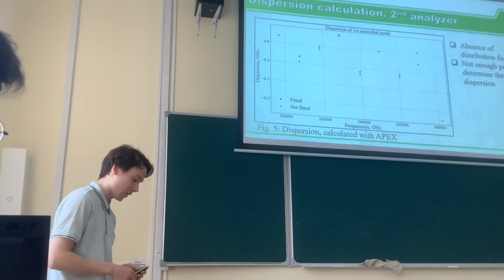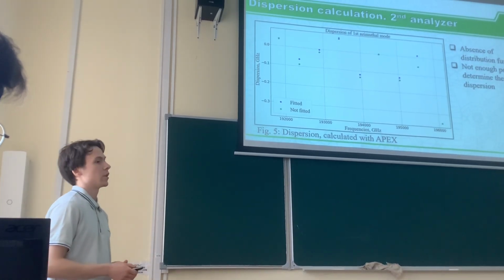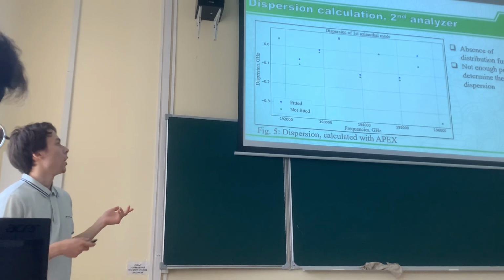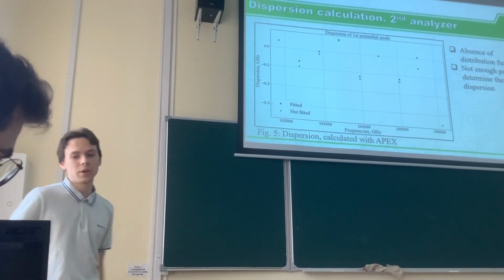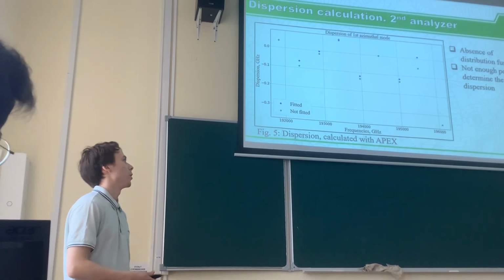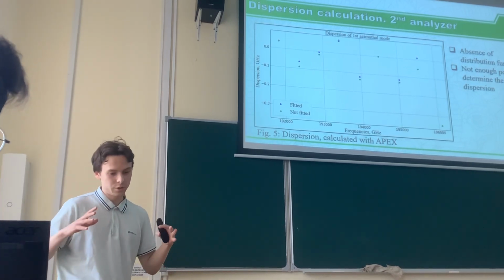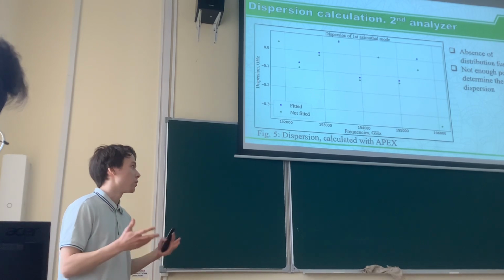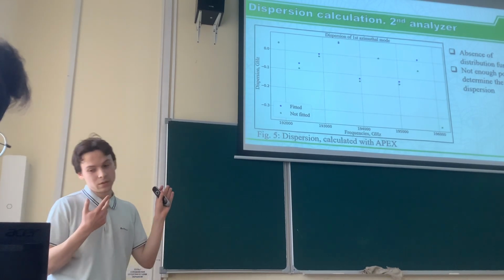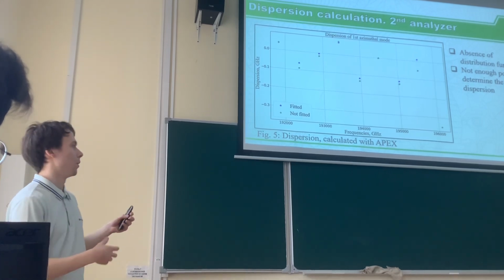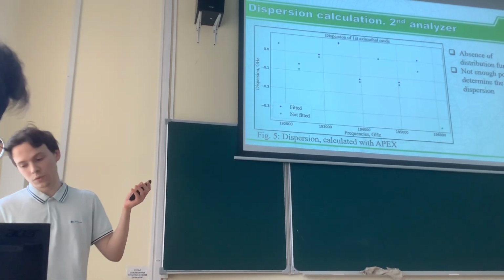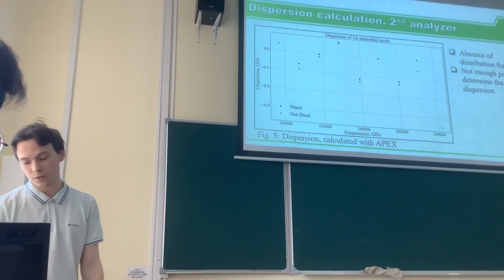The second optical analyzer, the last one, wasn't as good as the first one because, as you can see, there are not enough points to say anything about dispersion, because its spectral range isn't wide enough. So this device isn't convenient to measure the dispersion of any systems.